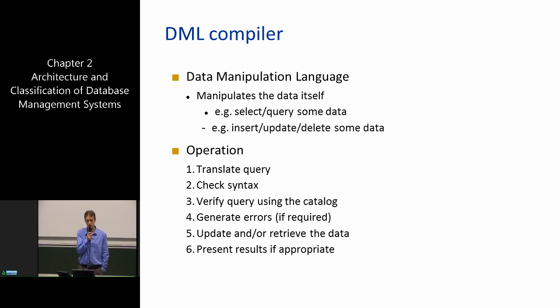So if certain pieces of information or concepts are being referred to, it will verify whether those concepts exist, yes or no. If needed, it will generate errors. If there are syntactical issues, it will generate errors. And once there are no errors left, it will perform the operation. It will update, delete, or insert the information, or actually retrieve the information if it is a query. If desired, the results of the DML operation can then also be presented to the end user.